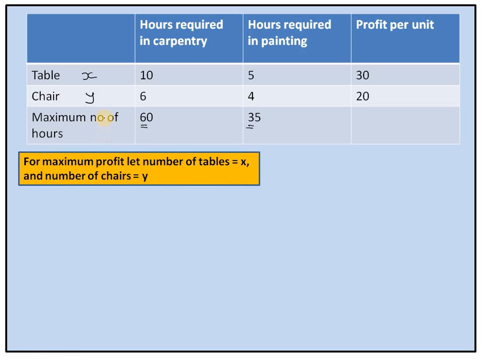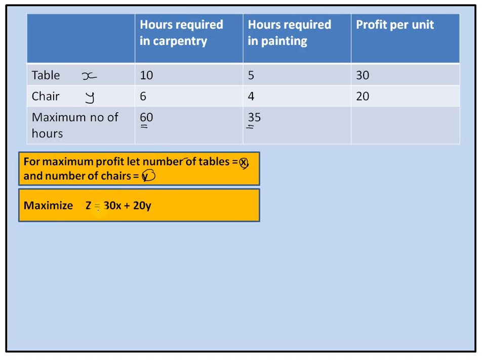For maximum profit, let the number of tables I make be X and the number of chairs I make be Y. समझ गए? Now I am not going to find X and Y. I am going to only formulate the linear programming problem.